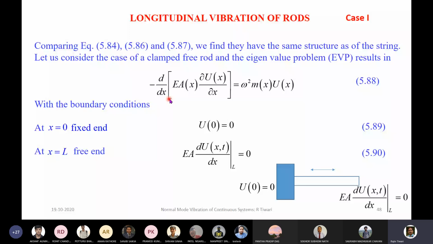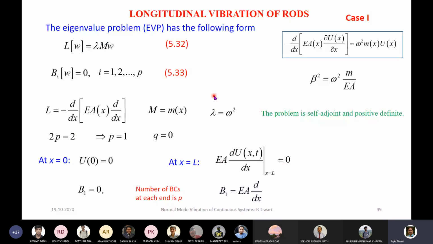So now we'll go back to the general formulation, L operator W equals lambda M W. If you compare this eigenvalue problem for the specific case of the axial rod and the general one, we'll see that minus of this, except the u, will be the L operator. So L operator is this.